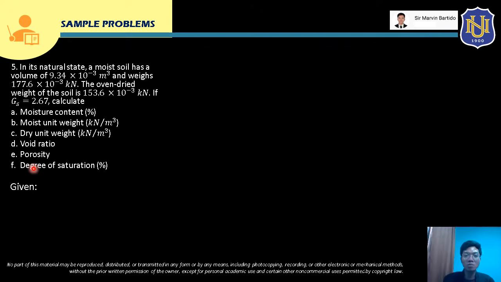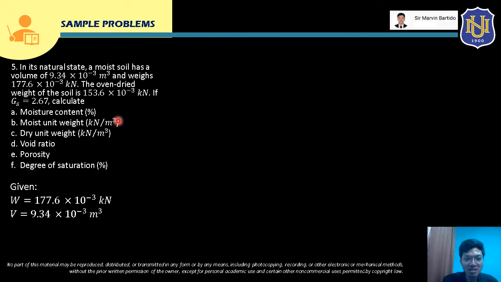Okay, so for this problem, class, let's list down all the givens. The weight of the moist soil is given here: 177.6 times 10 raised to negative 3 kilonewton. And also the volume. Basically, this is the total weight, since this is moist soil, and the volume is the total volume, which is equal to 9.34 times 10 raised to negative 3 meter cube.